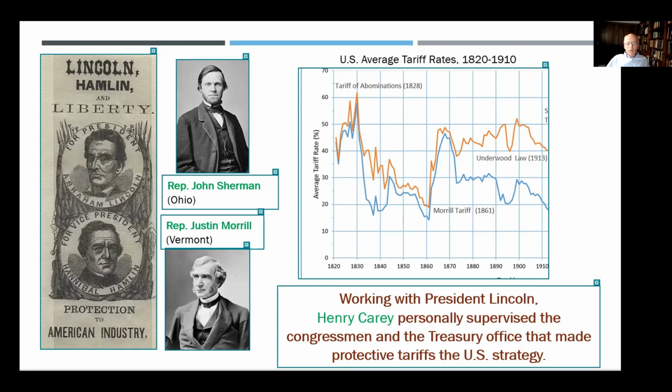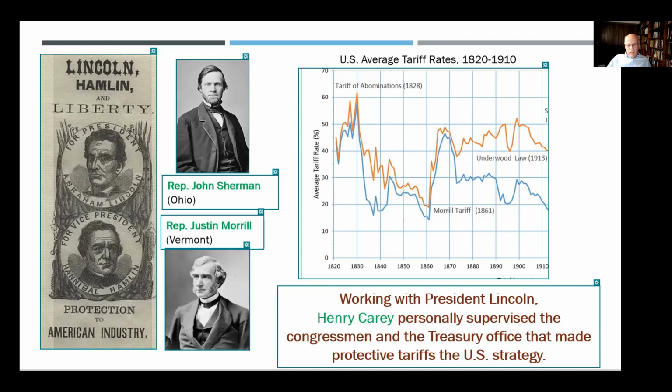And then it was spread by the set of people we're talking about now to other countries, and it became the standard idea of nations in the world, aside from what the British system advocated. All the great nations adopted this system, and Carey was the center of organizing this change.